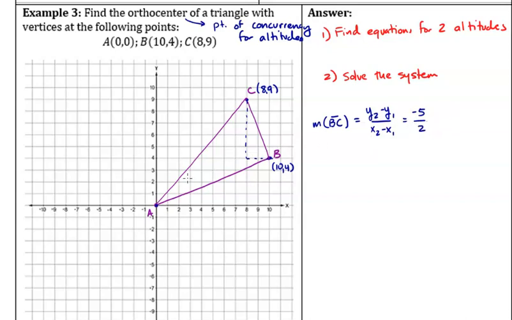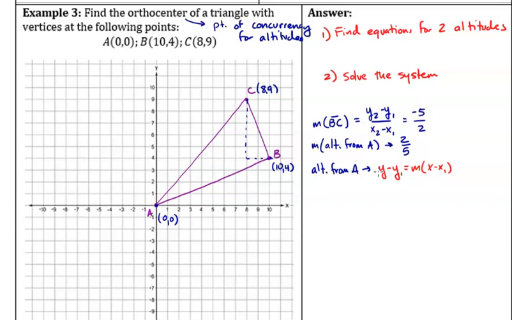So the slope of the altitude from A will be positive 2/5, the opposite reciprocal of negative 5/2. It will also contain point A, which is (0, 0). So if I want to know the equation of the altitude from A, I can use the point-slope form of an equation: y minus y1 equals m, the slope of the line, times x minus x1, where x1 and y1 are the point that we know is on that line.